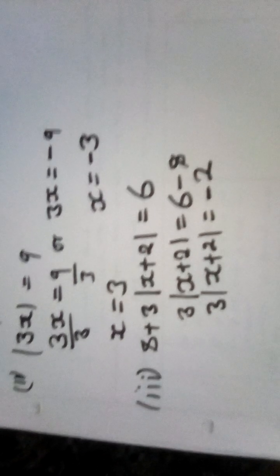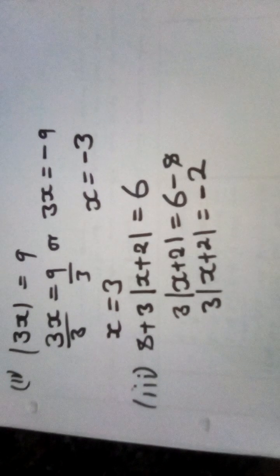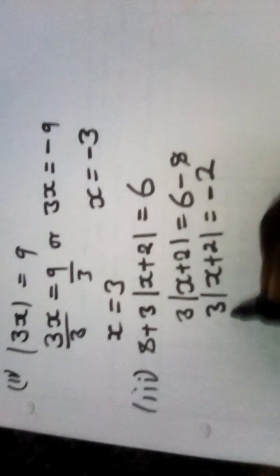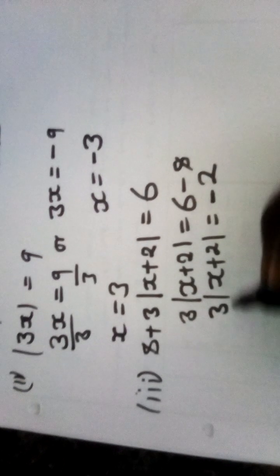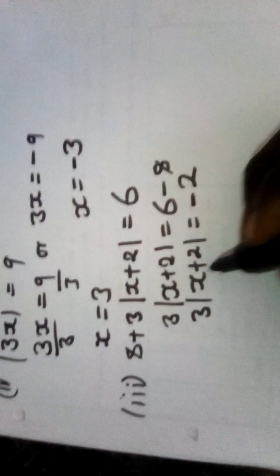Now here, we can leave the absolute value expression on one side. So we can simply divide both sides by 3, in order to leave this expression alone here.